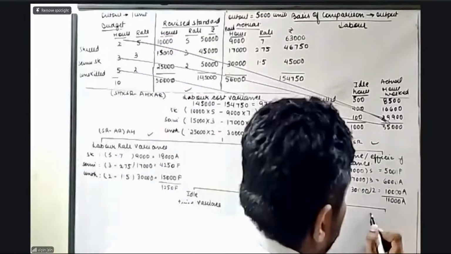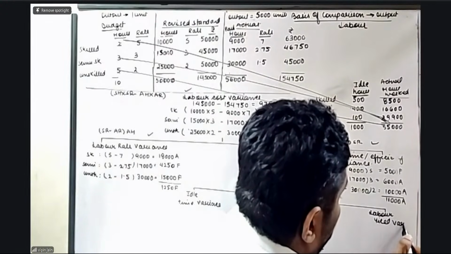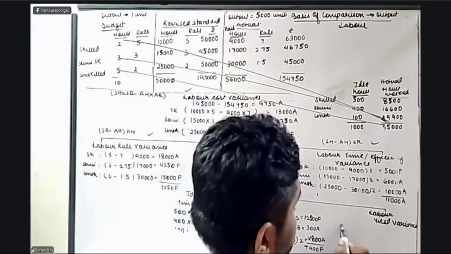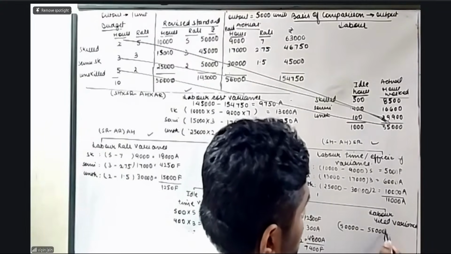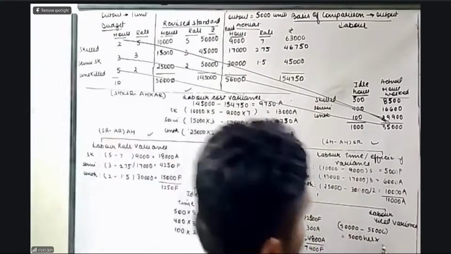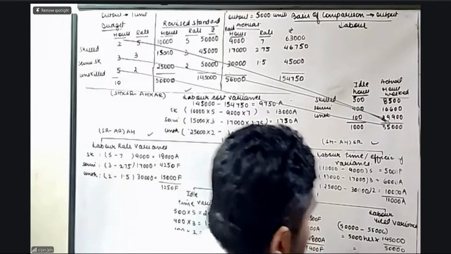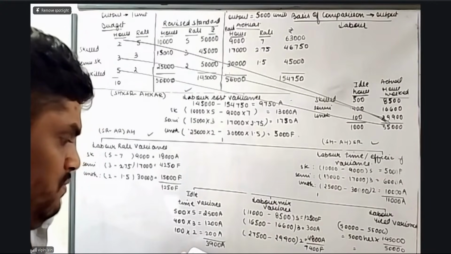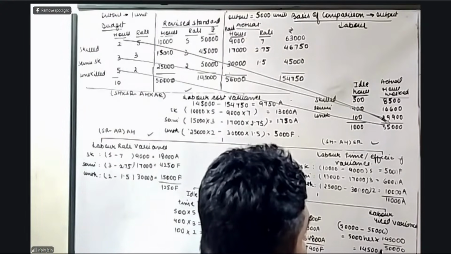And just like that for labor, the work was supposed to be completed in 50,000 hours. It is actually completed in 55,000 hours. So 5,000 hours is my inefficiency into the weighted average rate, that is 145 divided by 50. So this will be 14,500 adverse.